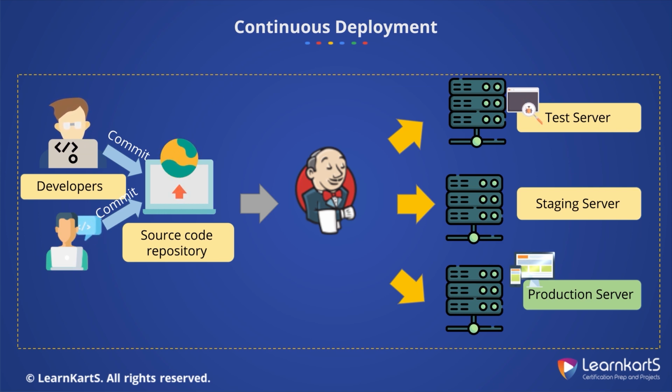Under continuous deployment, you may want to deploy to one environment, two environments, or three environments. It's just a matter of selection of which environments you want to support. But we need to have the automation in such a way that we can have the setup done for all the environments.